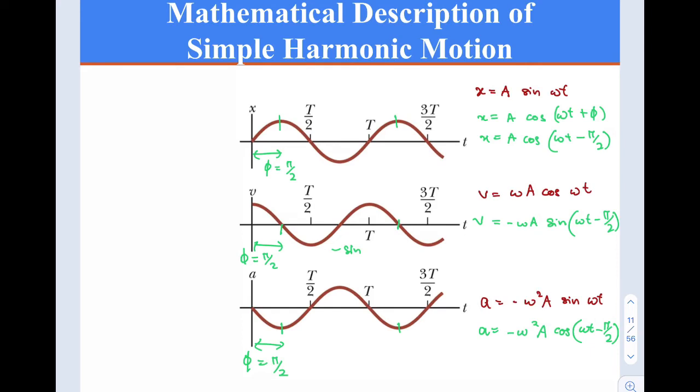Okay, so this is in terms of meaning. In terms of mathematics, the sin function and cos function can be converted to each other. It's just that for cos, you must add negative pi over 2, because to have the shape of the cos, it's originally a sin function.